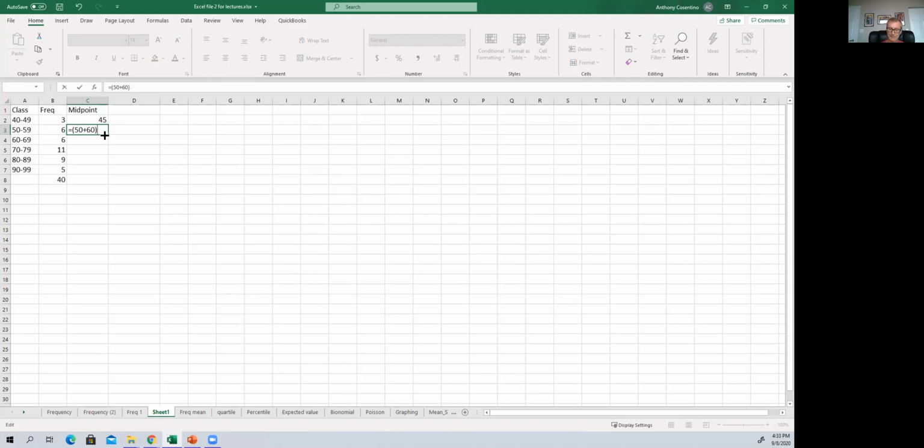Forgot my dividing. There we go, divided by 2 is 55, and so on and so forth. I'm just going to type in these numbers to save a little time because we know what they are. And the last one is 95.